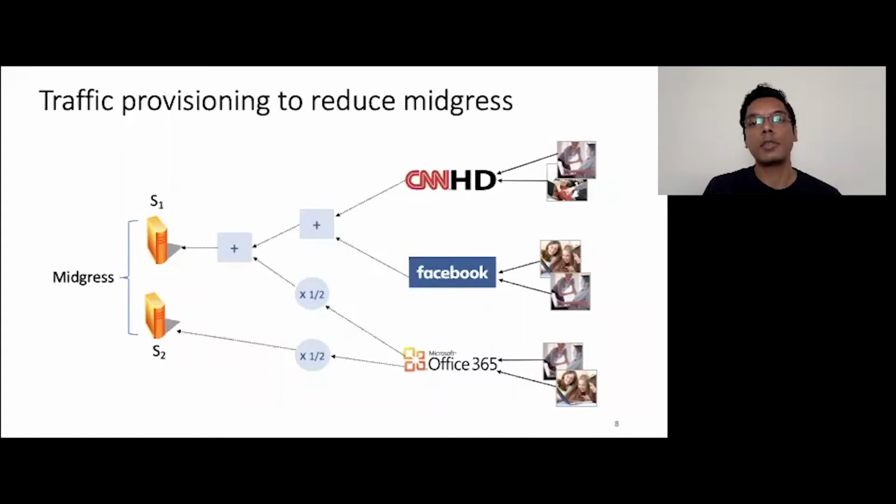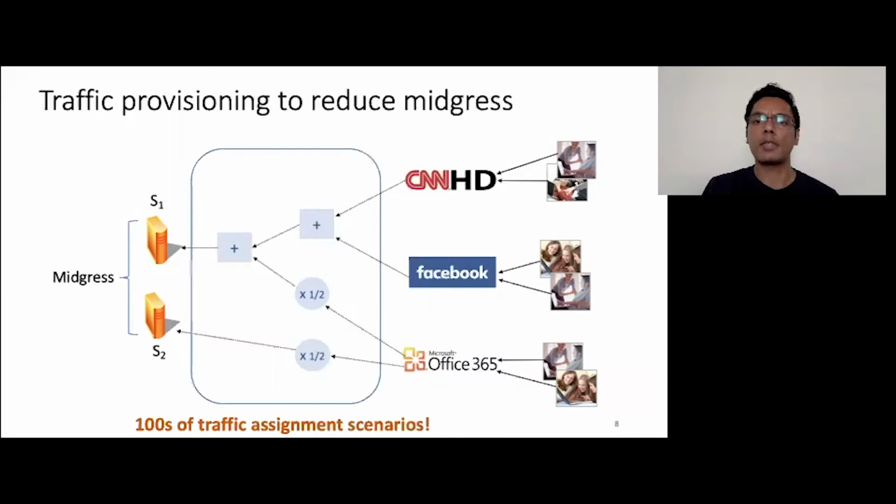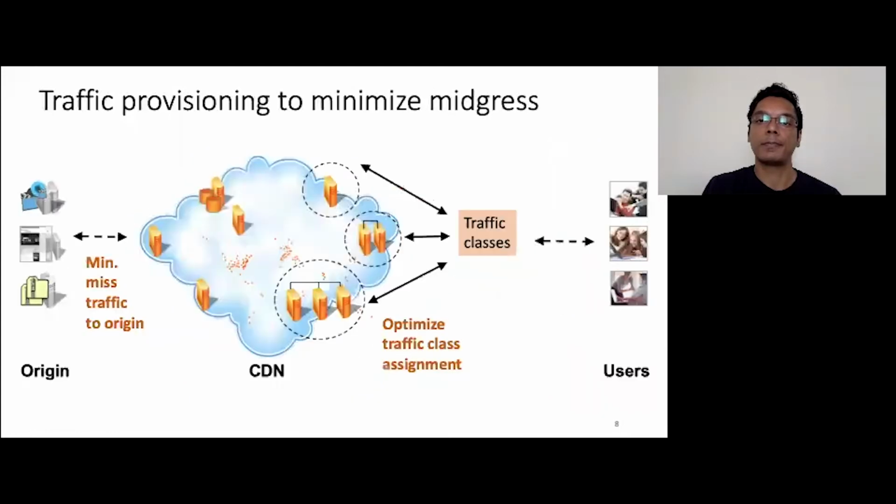Now this assignment would lead to some amount of midgress. However, as you can see, there are several possible assignments of these traffic classes to servers. In fact, the search space for the best traffic class assignment can grow rapidly as the number of traffic classes and the number of servers grow in large CDNs.